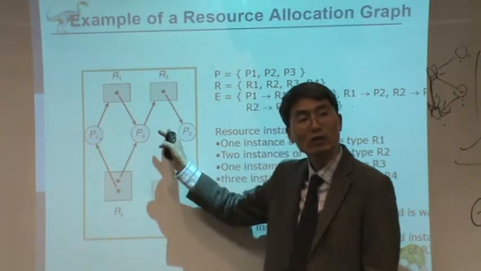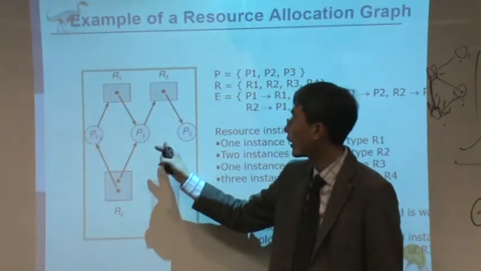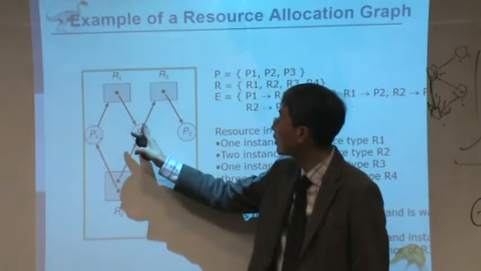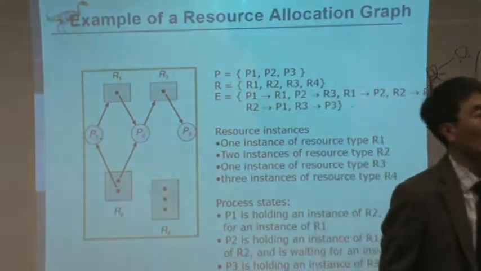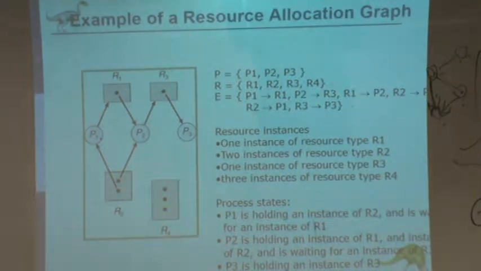Then eventually this will be completed. Then P2 is done. Then this one and this one are released. Eventually P1 is completed. So this time, this is not circular wait. There is no problem in terms of deadlock. This is not a deadlock situation. So we can easily understand the current process state using the resource allocation graph, the graph structure.